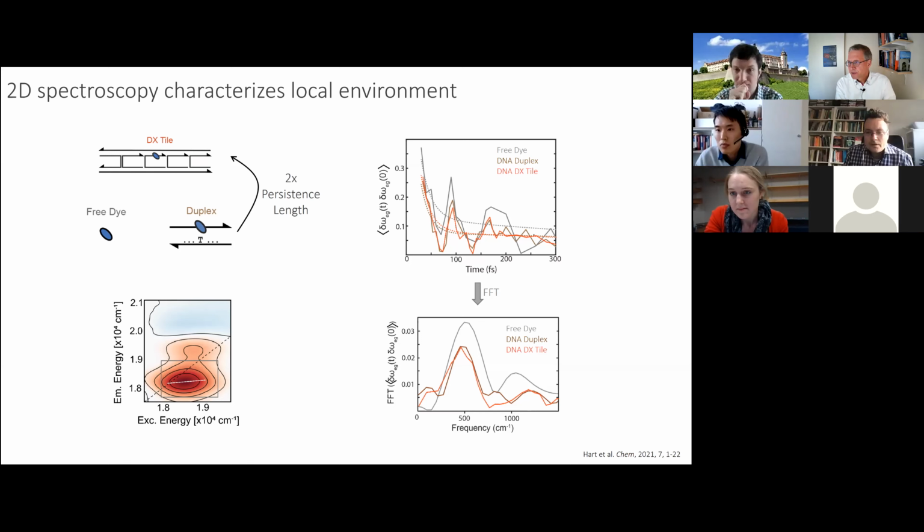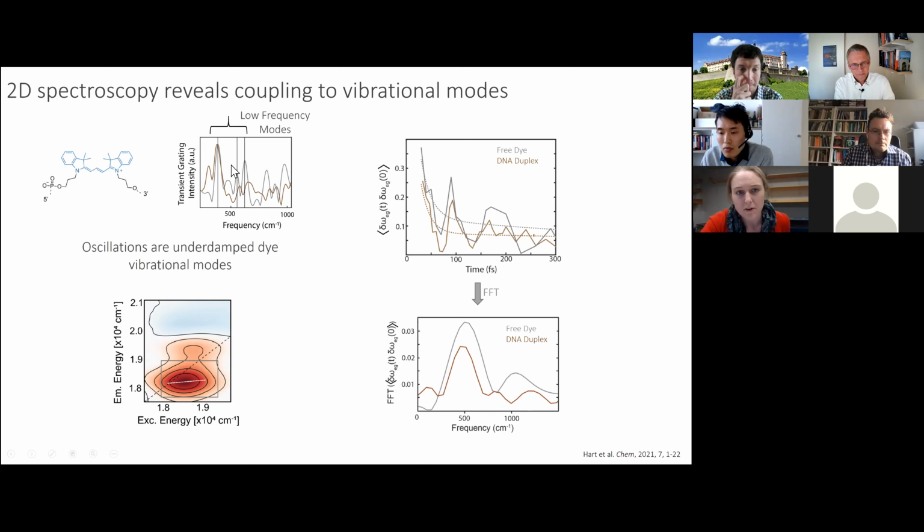Okay, more questions? Maybe if I'm allowed to ask one at this slide, because you see this intramolecular vibrational mode, which is clearly at 500 wave numbers. Can you say something more about the nature of this mode? We did some more rigorous work looking at theory results for just the Cy3 not in DNA, and we recover modes on the order of around 400, around 550, and 600 wave numbers.